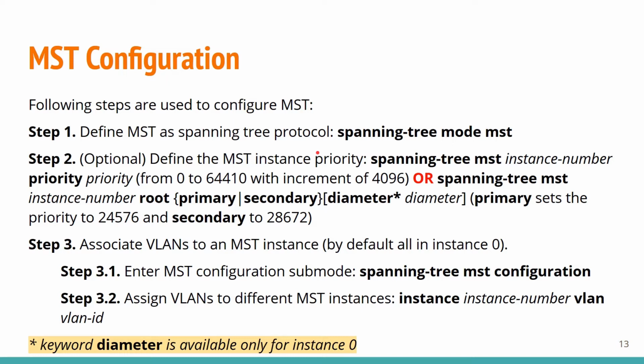In this step you can define the MST instance priority and, if you want, do load balancing and assign one switch as the root switch for one instance and the other switch as the root for another instance.